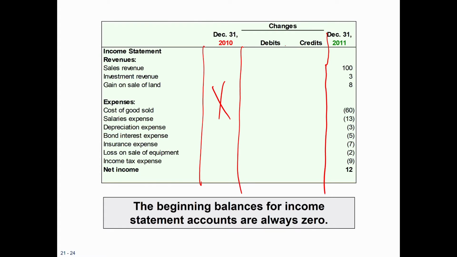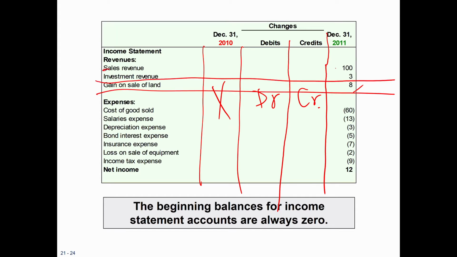We also have this debit column and this credit column. For example, the sales revenue this year is 100, investment revenue is 3, gain on sales was 8, etc. Everyone's clear?